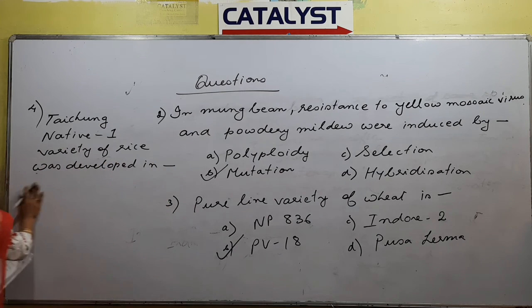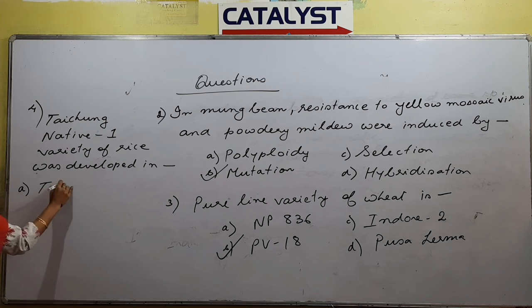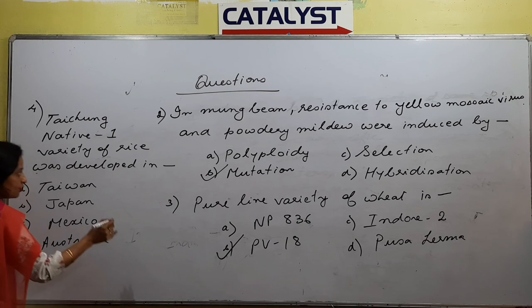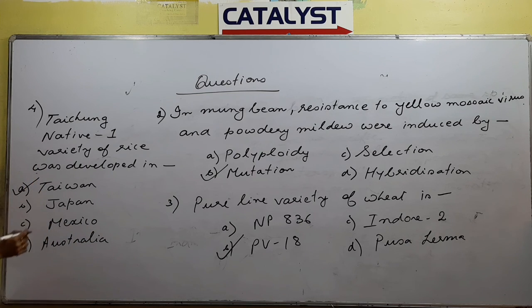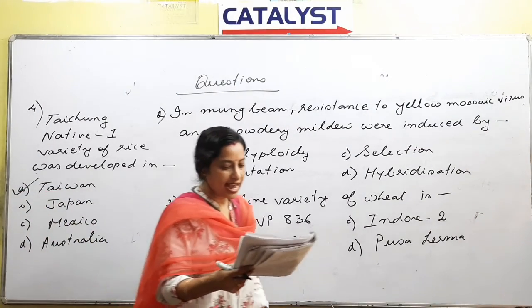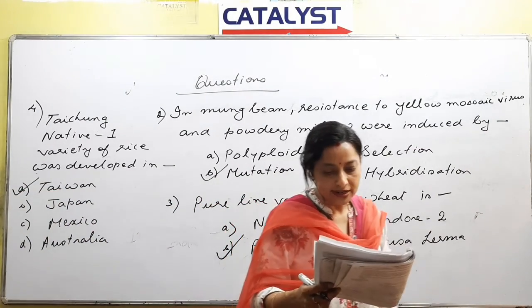Options: Taiwan, Japan, Mexico, Australia. So we are talking about rice, and this variety was introduced in Taiwan. So these are types of questions that has been asked from this part of the lesson that we have completed.